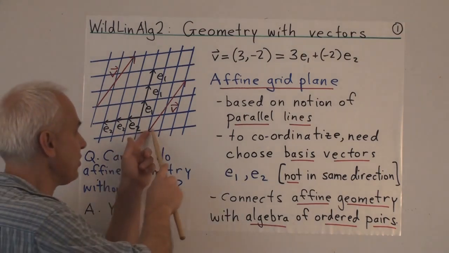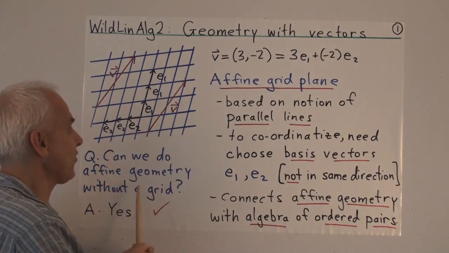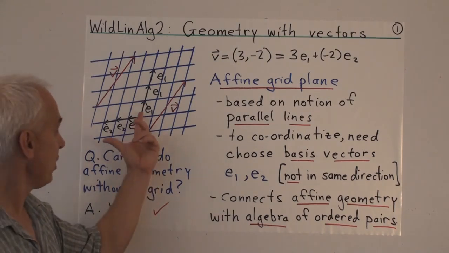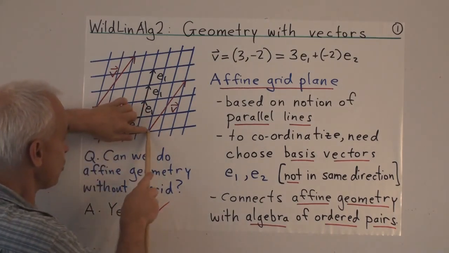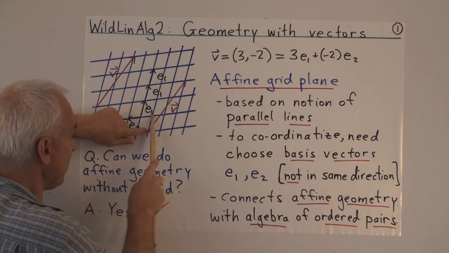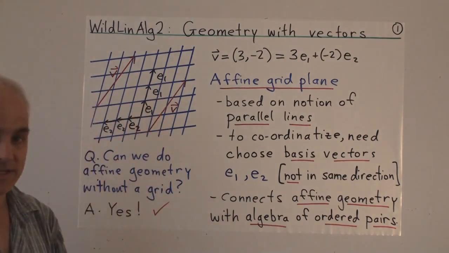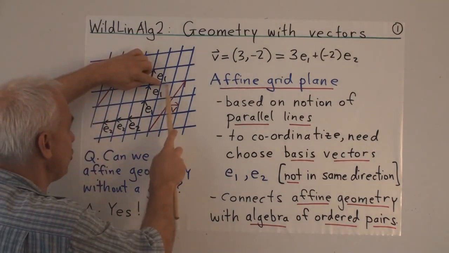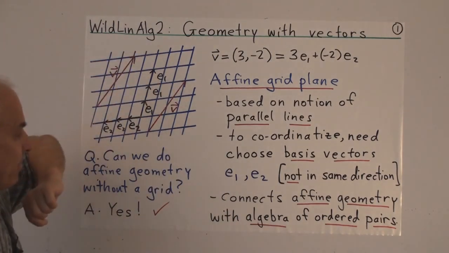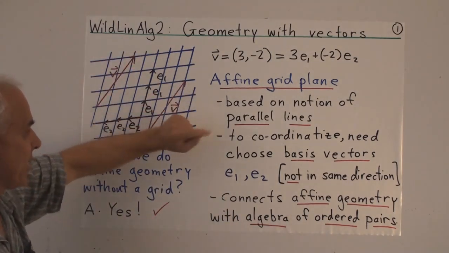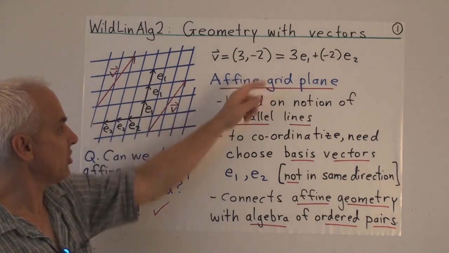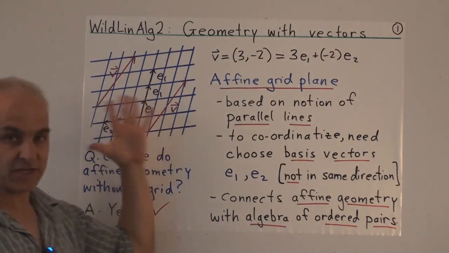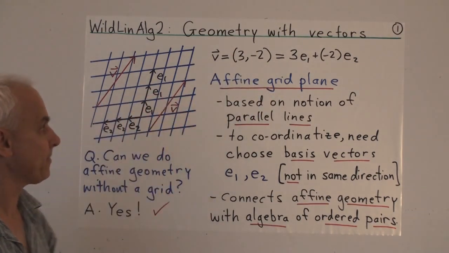Then I remind you that if we want to express a vector V, like this, in terms of these two basis vectors, we can say to go from here to here means we have to go in the E1 direction 3 steps, and then in the E2 direction minus 2 steps. So the vector V is written (3, -2) with reference to this fixed grid plane.